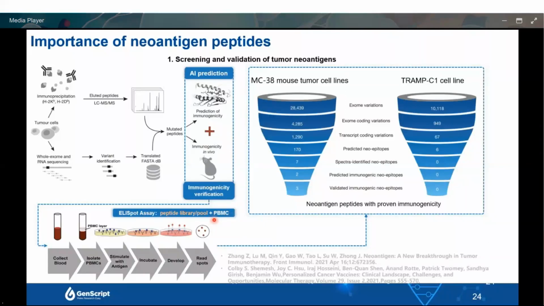Then we'll see whether the cytokines can be produced, which shows the immunogenicity and means the neoantigen is the one that we want. So neoantigen peptides are an important material.